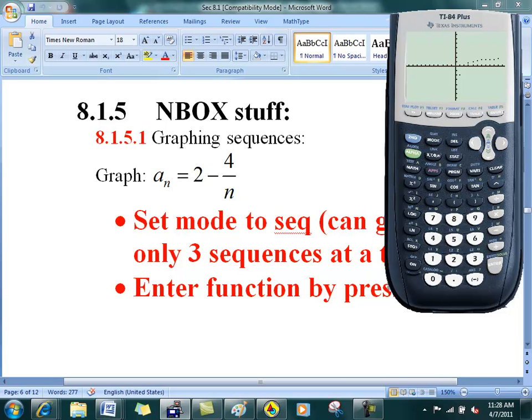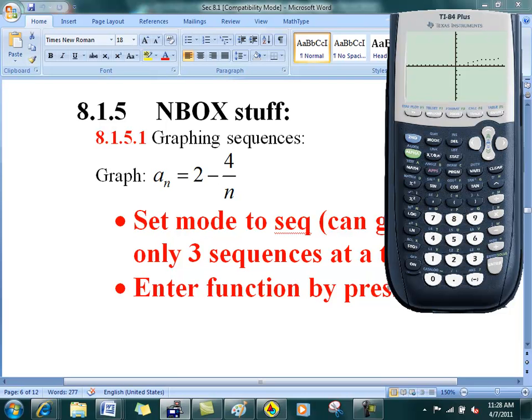Okay, so explain to me why this is a bunch of dots and not a connected line. Can anybody explain? Yeah, Shwarya? Exactly. In other words, on the horizontal axis, what's the variable? N. What's the variable on the vertical axis?